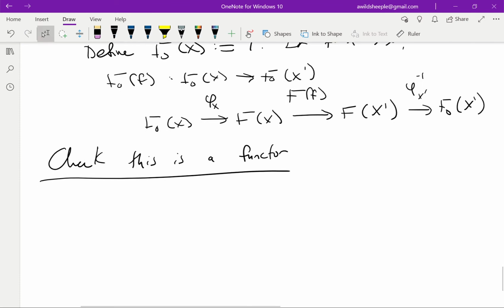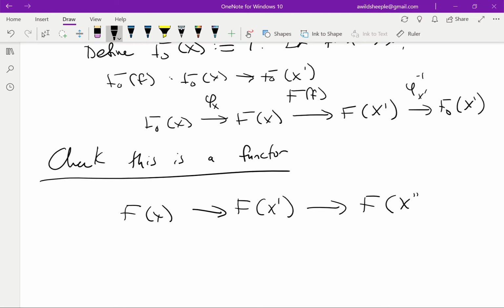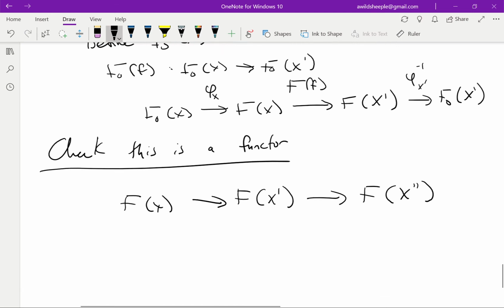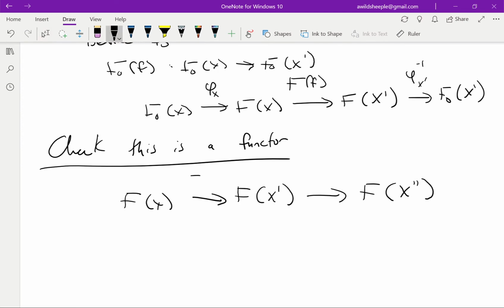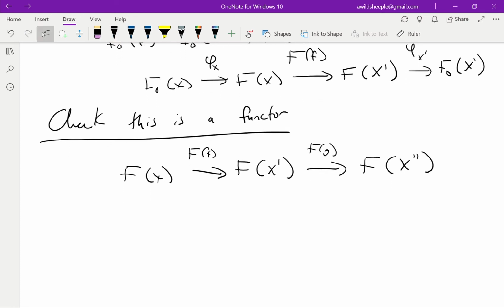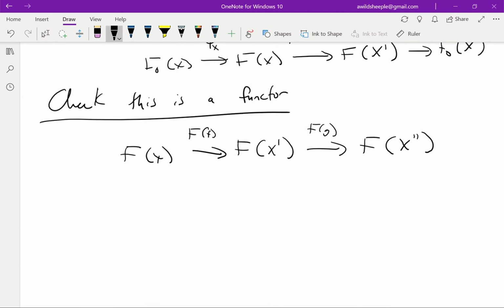Not so hard. We have a big diagram where we start with f of x, and let's record what's happening up in the big category. What we're checking here is that this distributes over morphisms, because that's the non-trivial thing to check. So this is f of f, and maybe we have some other map, f of g. Then down in the small category, we have f0 of x over here, and we have phi of x. Remember that this is our object y here.